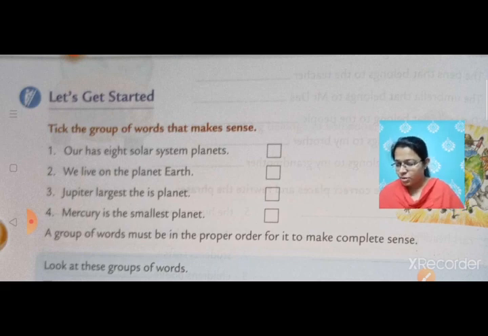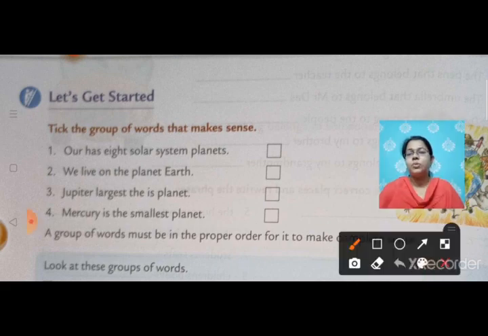Let's see the first one. Our has 8 solar system planets. Now this sentence, students, does not have a complete sense, right? So we are not going to put a right mark over there. Okay? We live on the planet Earth.